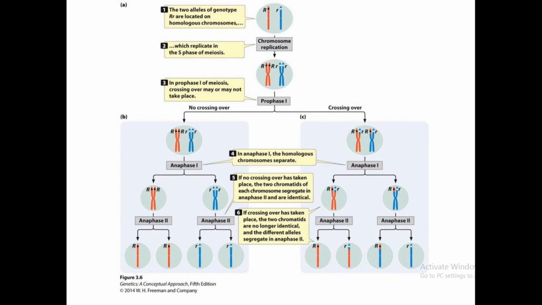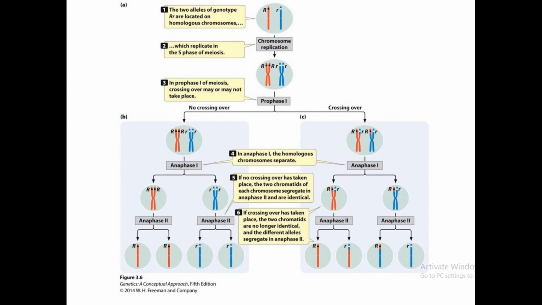There is exchange of genetic material and the different alleles segregate in anaphase 2. Here we can see in anaphase 2 the different alleles get segregated because there is exchange of genetic material, and that's why they can't segregate in anaphase 1 like here where there is no crossing over.